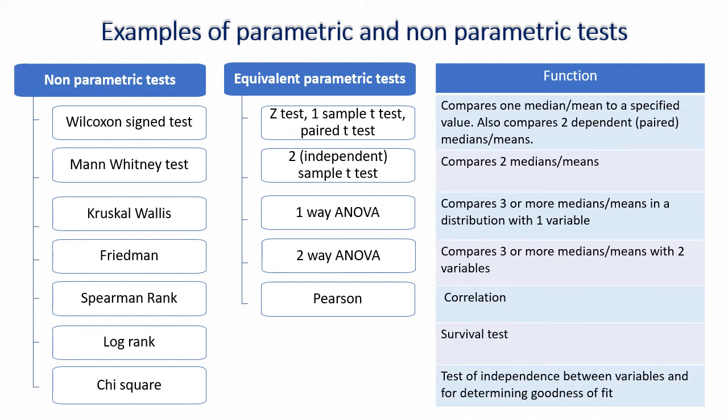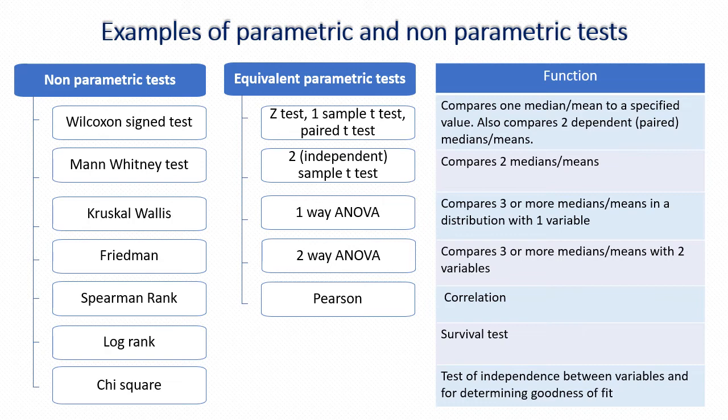And when we perform a two-way ANOVA, which compares three or more means with two independent variables, the equivalent non-parametric counterpart would be the Friedman test. And if we were to perform a correlation test, then the parametric test would be Pearson's coefficient of correlation test, and the non-parametric test would be the Spearman rank test.